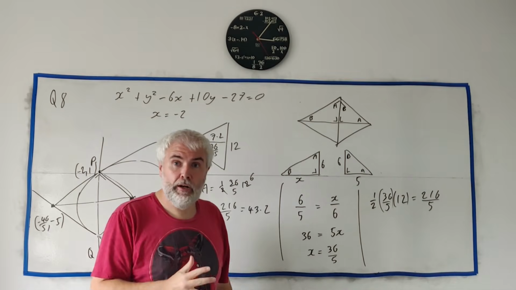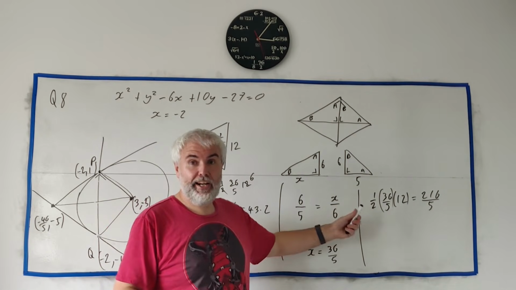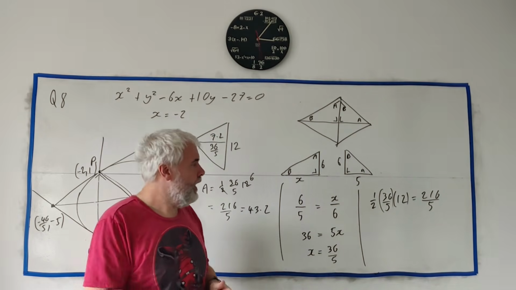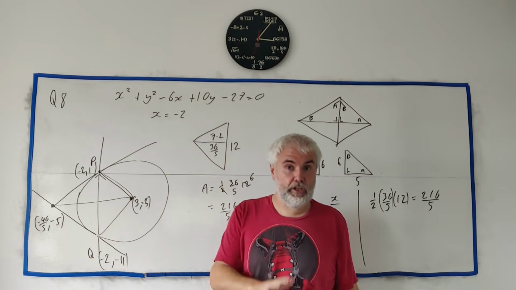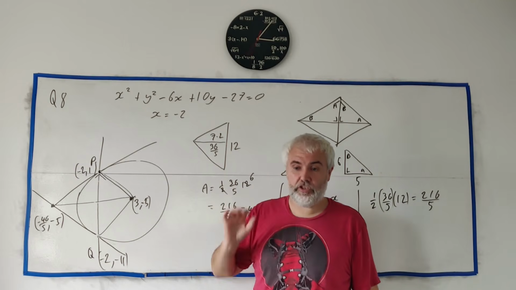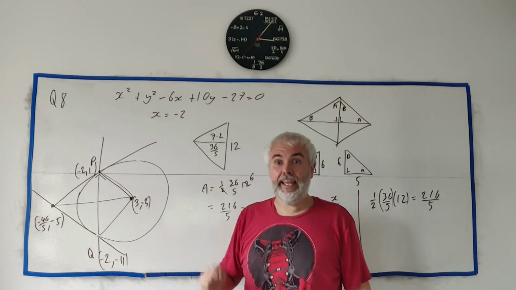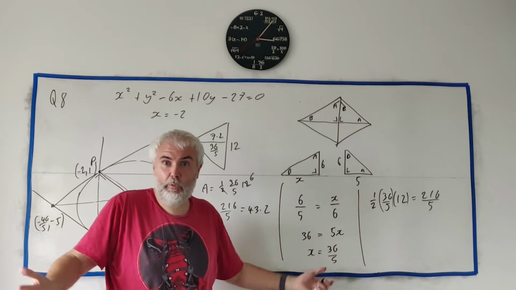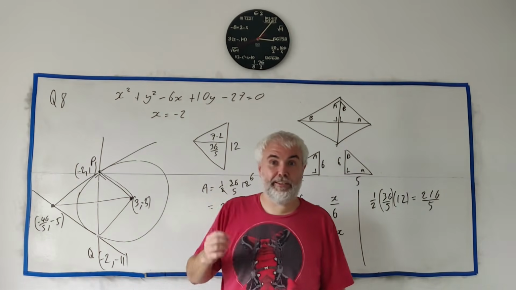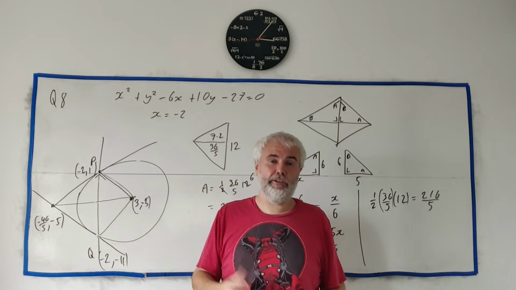It was a bit cleverer, and you're rewarded for that cleverness by it being a lot shorter. But the first way I did is the way, if you think you might struggle in the exam, that you should study. If you've learned enough to do it the second way, brilliant, that's a reward for you. But the first way is the thing you should study and make sure you're able to do.